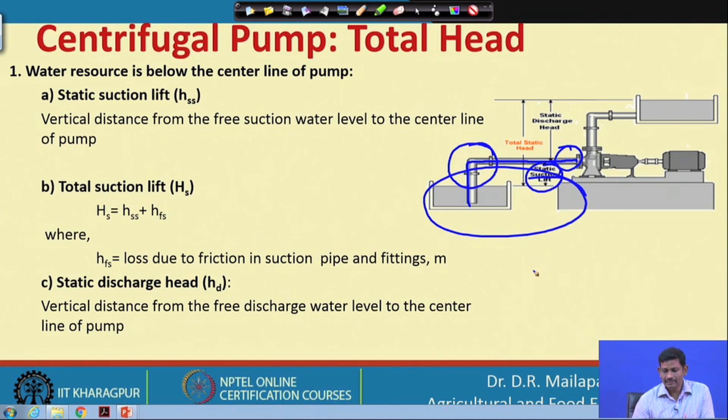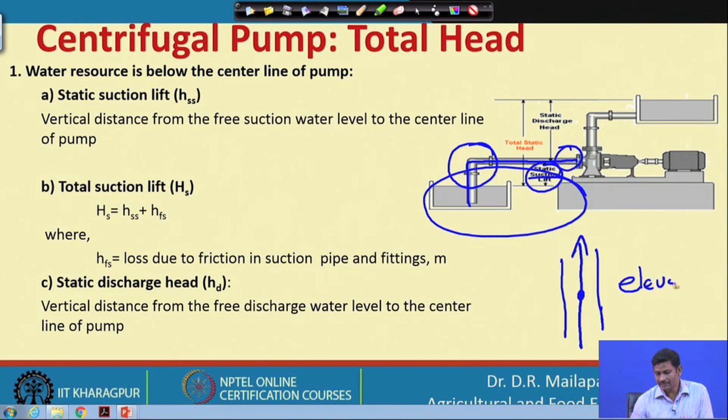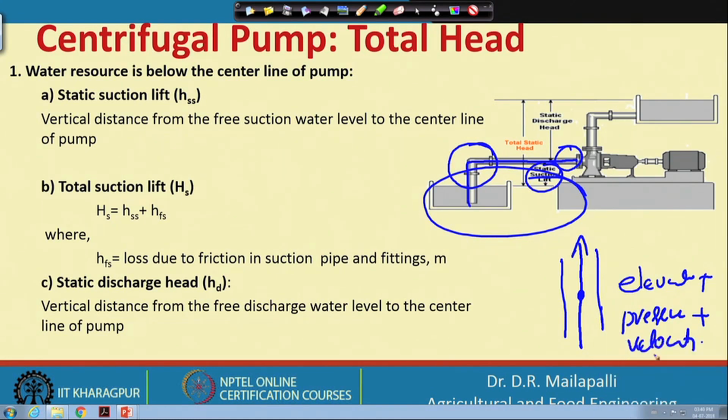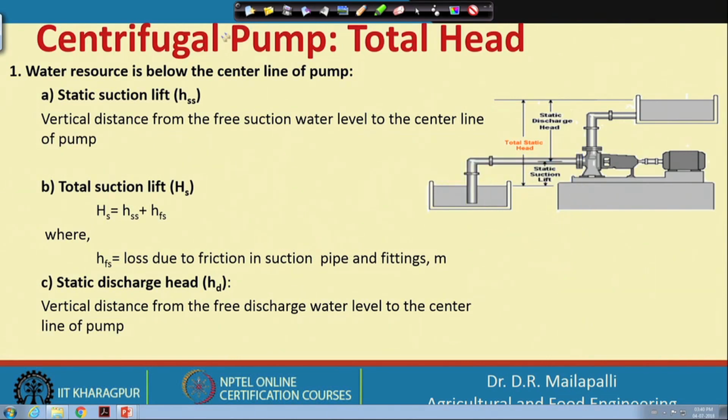Theoretically, when water in a pipe moves from one place to another, there is an elevation head, plus a pressure head, plus a velocity head. The elevation head is due to the height of the pipes, the pressure head is due to the friction and other things, and then the velocity head. These three heads we need to consider here.